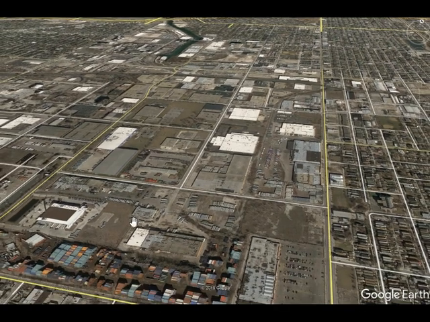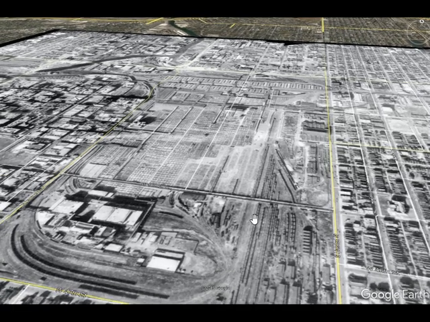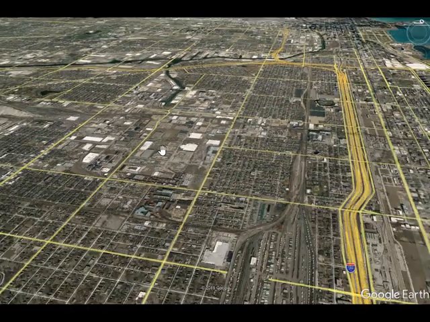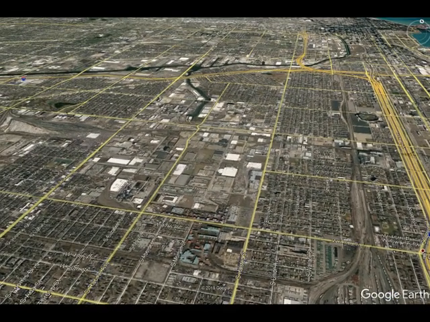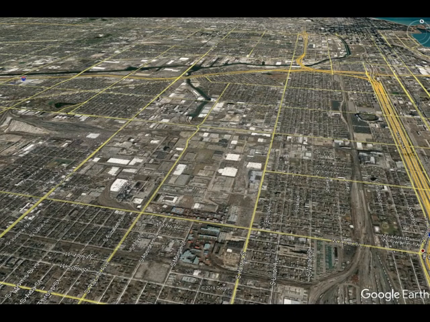What was once a railroad siding, right here where all the railroad cars came in and loaded up meat and other products from the stockyard, is now a place where trucks come in and containers are offloaded from trucks, and there's a limited rail terminal there as well. This is a good way to help understand what was at one time in this part of the city, and now what is.